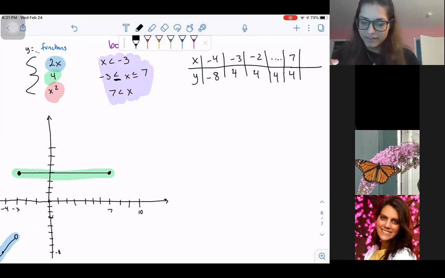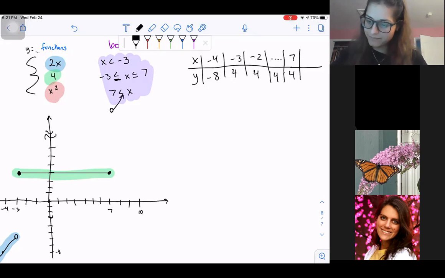So, oh, I did not think this through, guys. Okay, so it'll be all the way up here at 49. And then at x equals 8, it will be 64. So yeah, it should kind of look like this.